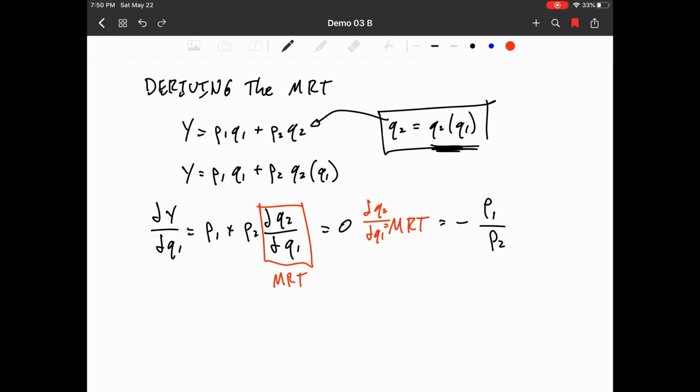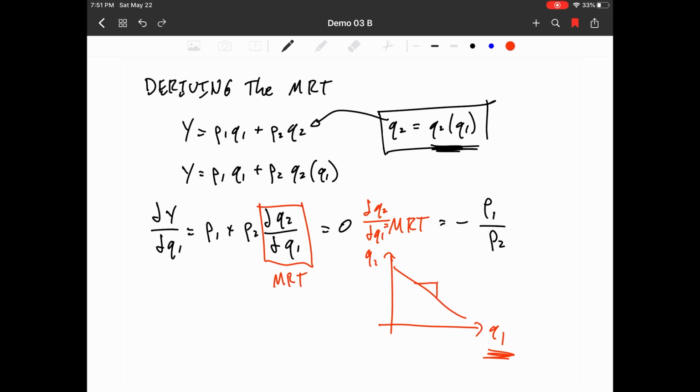In the background, I'm always thinking of it as Q2 on the vertical axis and Q1 on the horizontal axis, which is why we're taking the derivative with respect to the x variable here.